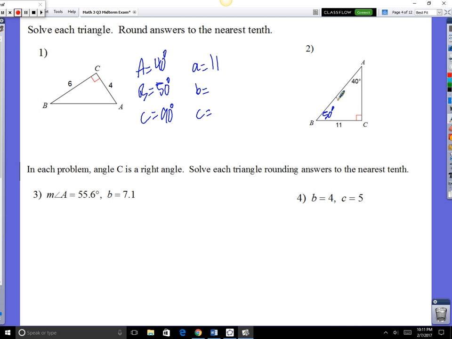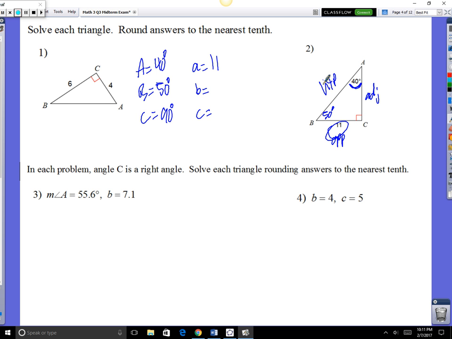Let's mark it from the 40. If we mark it from the 40, this is my hypotenuse, this is my opposite, and this is my adjacent. Okay, I'm going to use 11. And I'm going to use 11 with my hypotenuse.